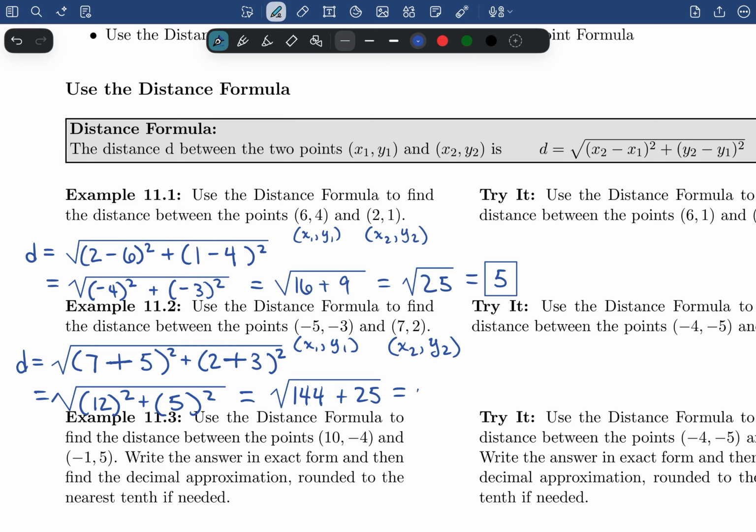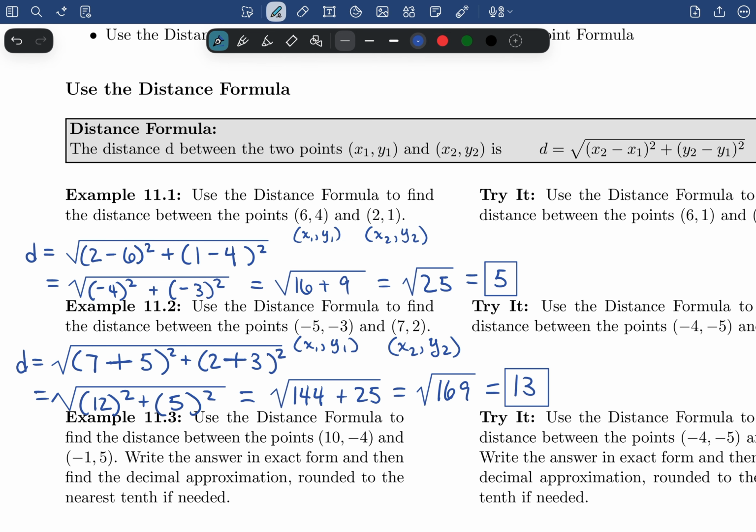Now I'm going to combine 144 plus 25 to give me 169. And I get really excited because 169 is a perfect square. Hey, wait, 169 is 13 squared. Therefore, the square root of 169 is 13. Came out nice and clean again.